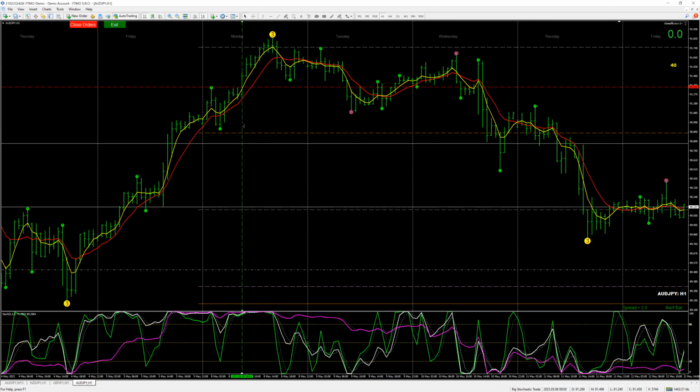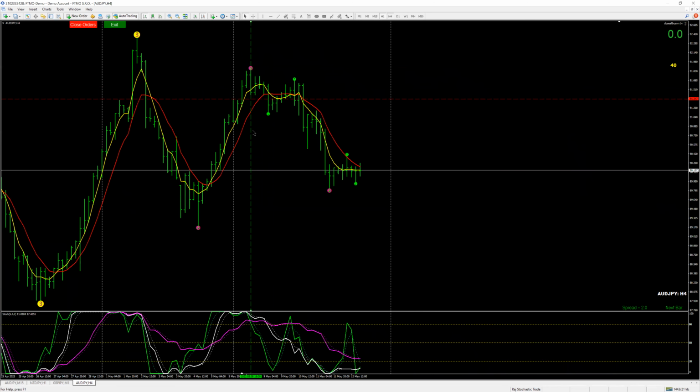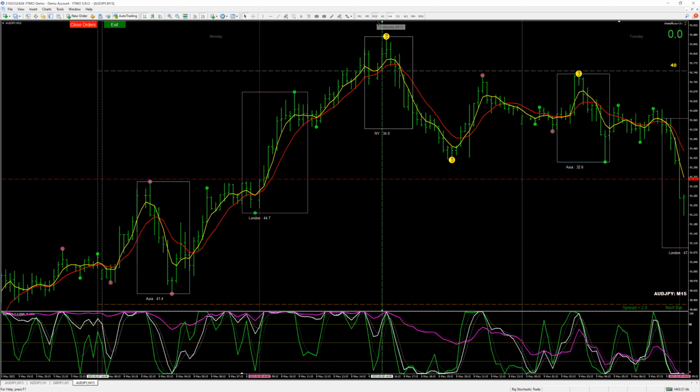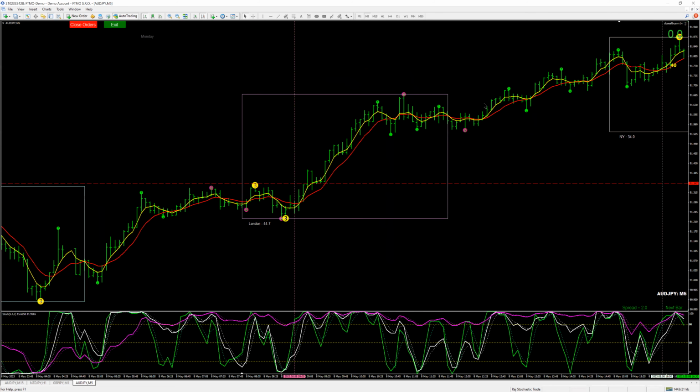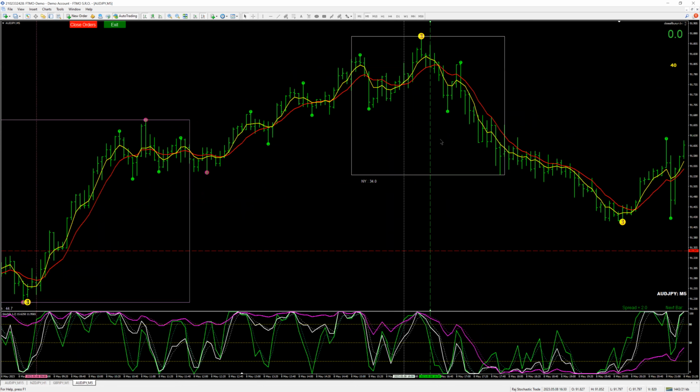Now, this is a 3-ball. What is it doing on the H4? H4 is cycling now. So it's a 1 hour trade, 15-minute possible entry, but we're just looking for the cycle, and we take the entry on the 5. And the 5 gave us an entry right there.